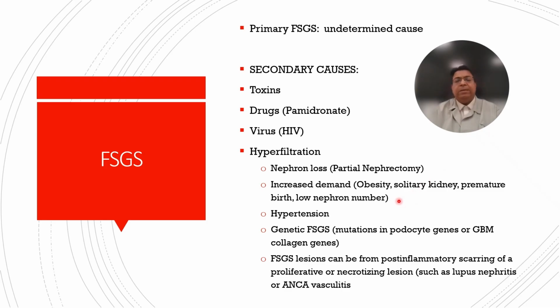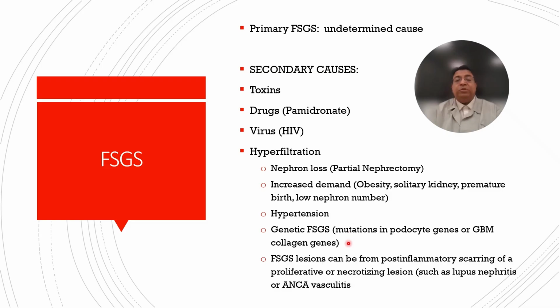Obesity is probably close to the number 2 reason why we see secondary FSGS. Solitary kidney, premature birth, low nephron number. Hypertension is a very common cause of FSGS, maybe number 1. Hypertension and obesity are by far the most common causes of secondary FSGS.